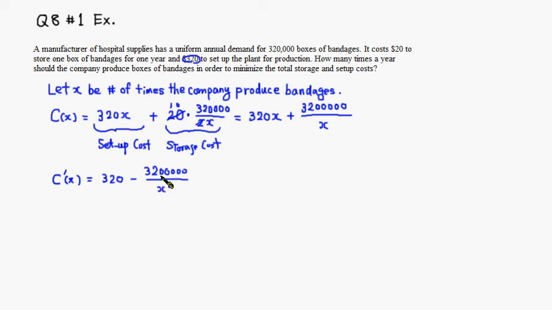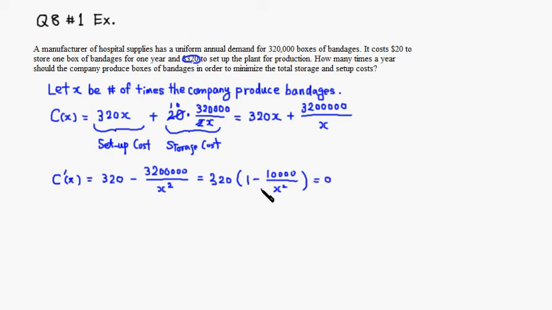Then we're going to set that equal to 0. Actually, before that, 320 is in common, so I'll pull that out. You have 1 minus 1,000 over x squared, and we set that equal to 0.